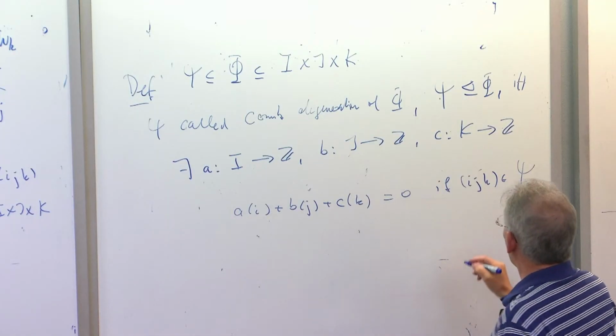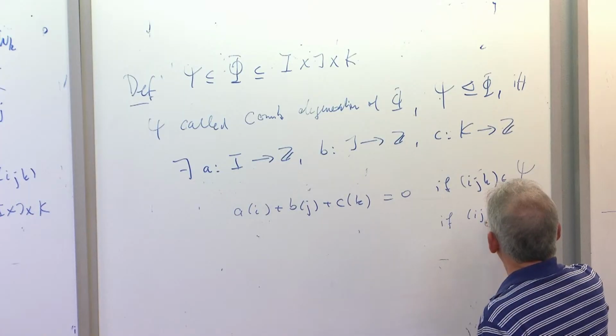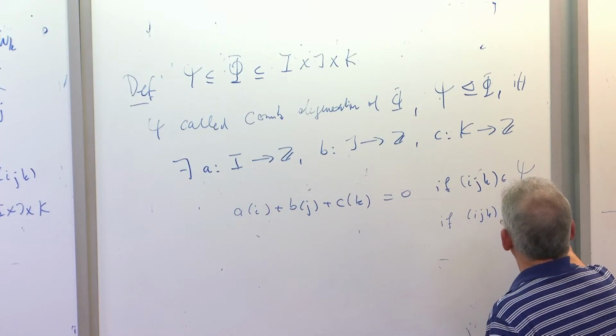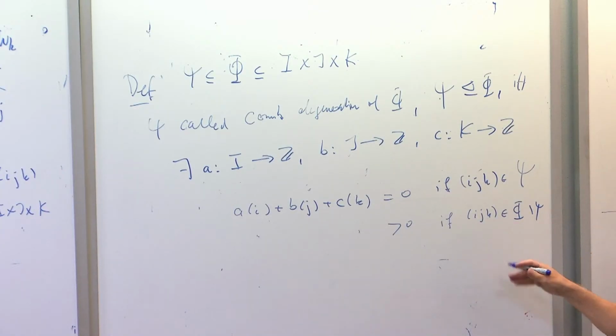And if ijk is in phi but not in psi, you want it to be positive. And if ijk is outside of phi, you don't care.